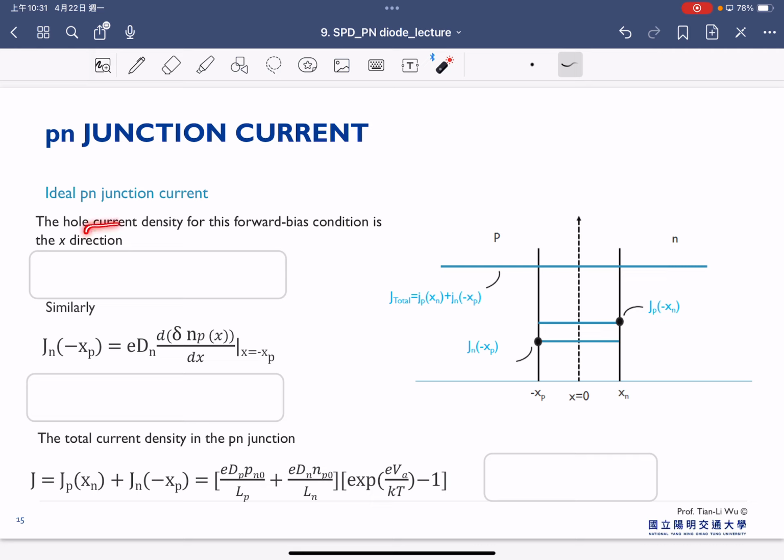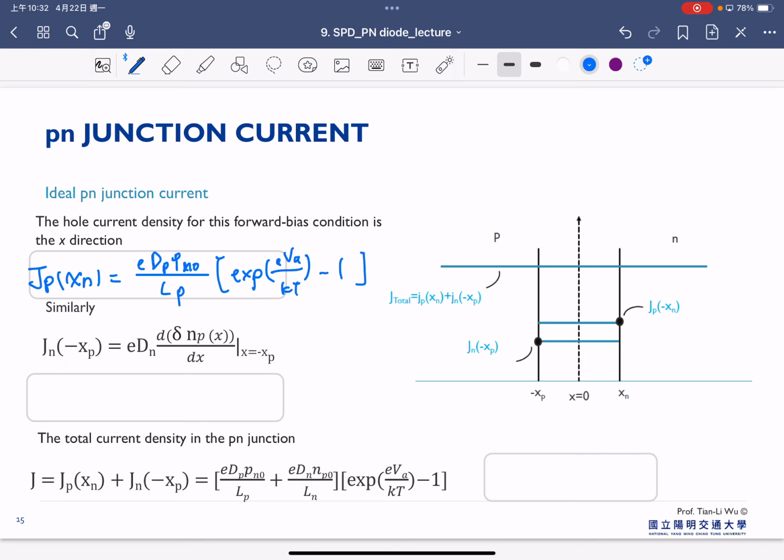And the hole current density for this forward bias condition in the x direction can be written as JpXN is equal to PN0, VA over KT minus 1 here.